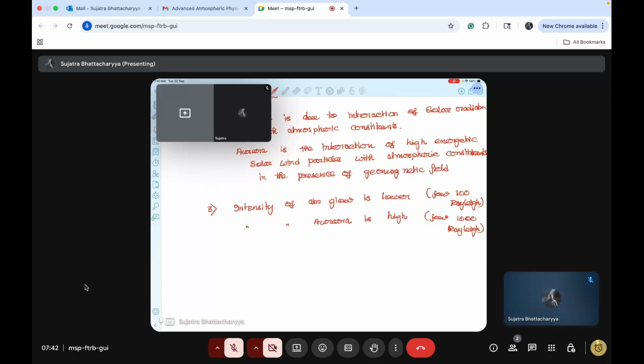And the fourth, luminosity, which means the brightness. Airglow is uniform, whereas that for aurora is structured.